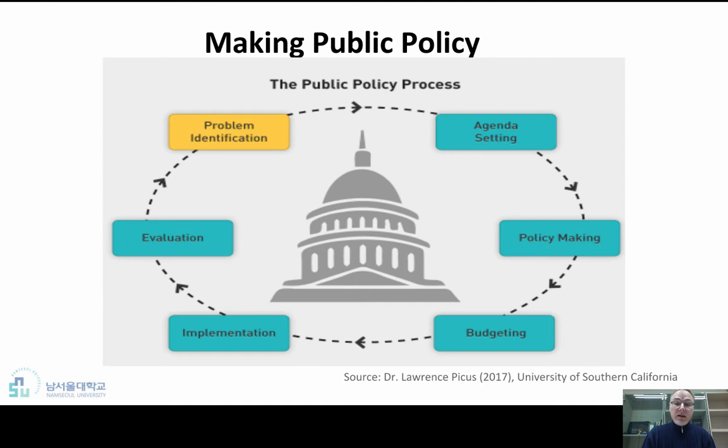Sometimes policy solutions can completely solve a problem, and sometimes they only partially solve the problem. In other words, this is a cyclical process that continues on perpetually, so that the existence of a problem is identified and it goes forward with new opportunities for solutions. This is on a perpetual basis.